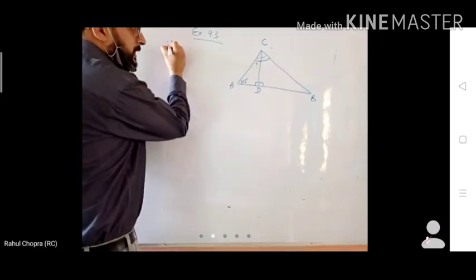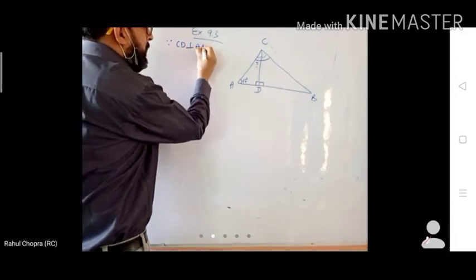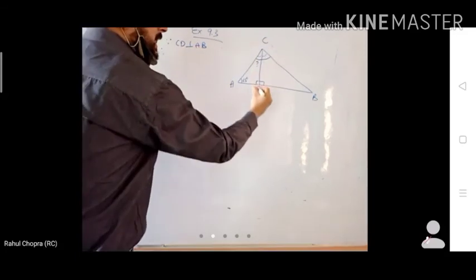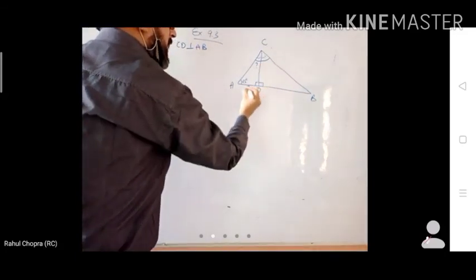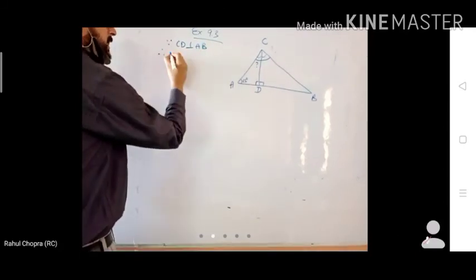We'll write, since CD is perpendicular to AB, therefore angle ADB is equal to 90 and angles CDB and CDA both are 90 degrees.